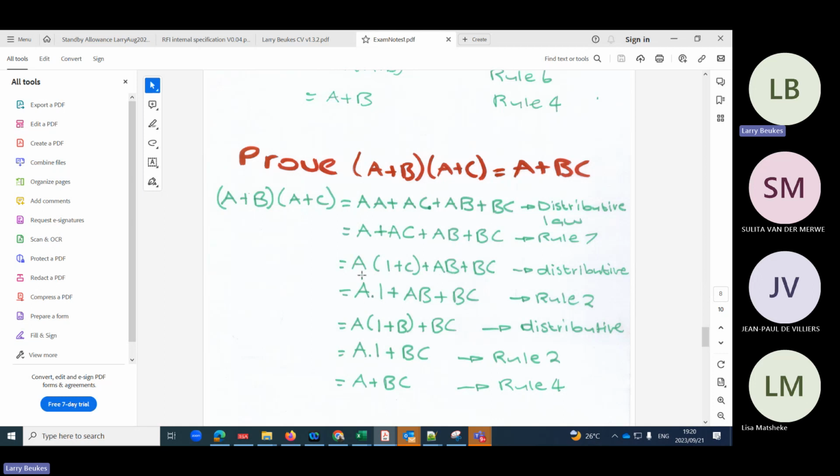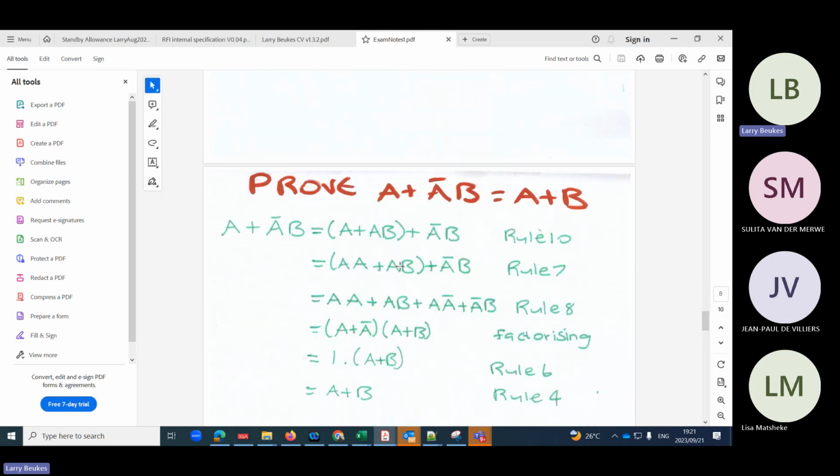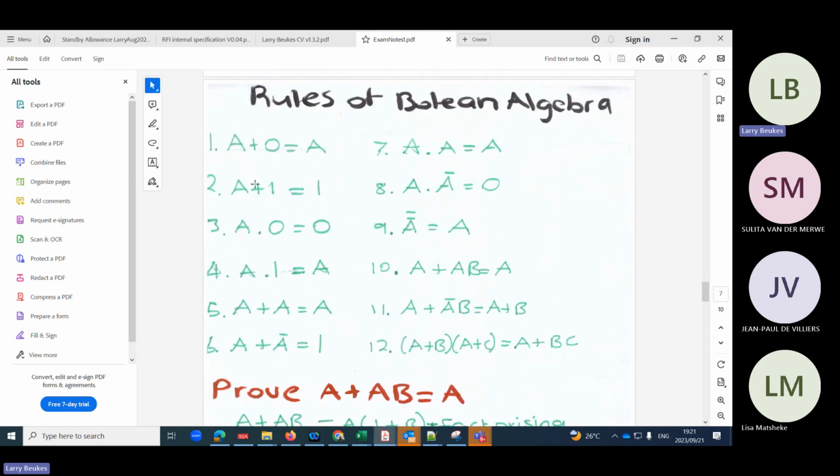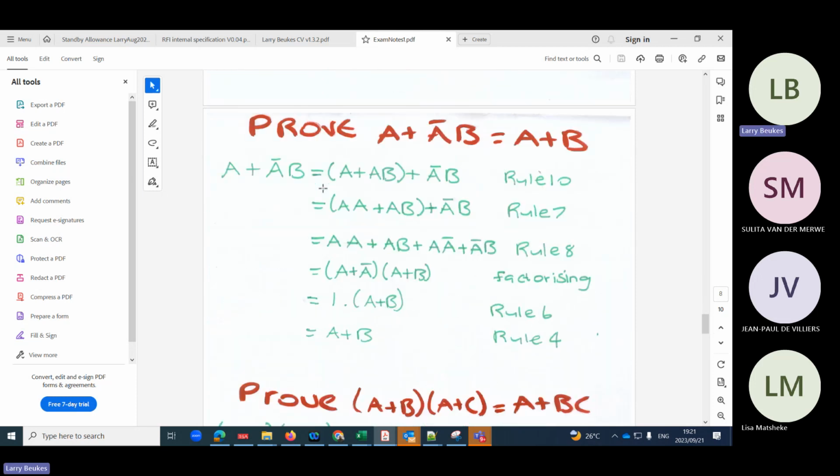Now, remember we have this 1 plus C. What is the annulment law? This is law number 2: A plus 1 is 1, right?